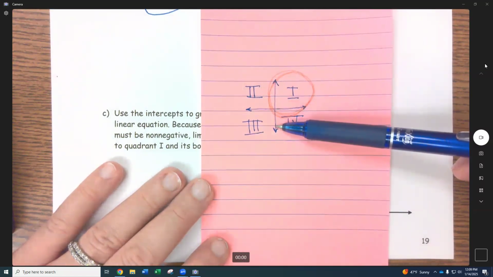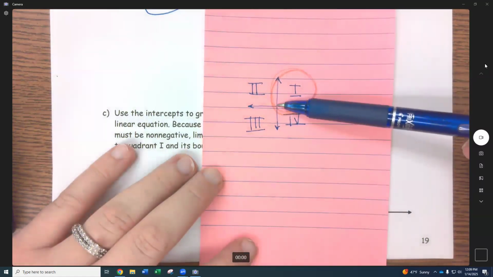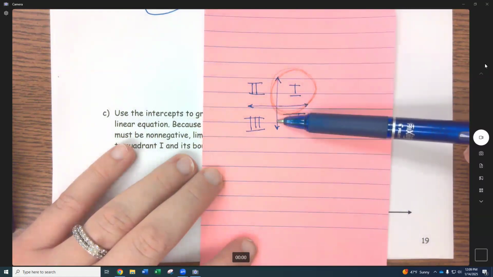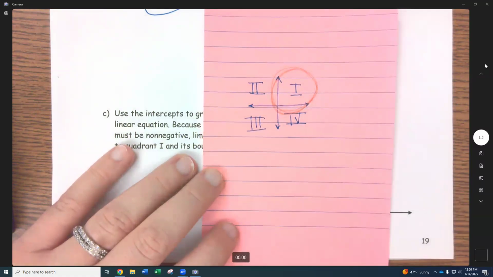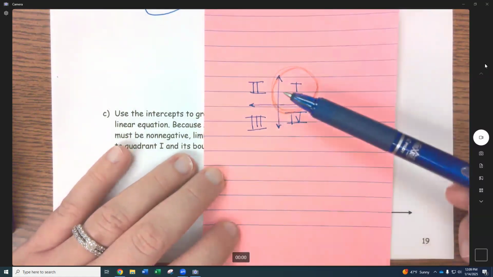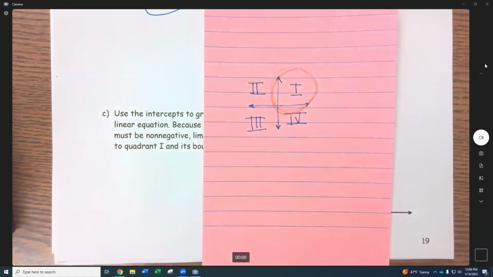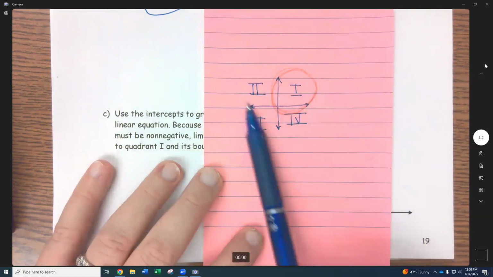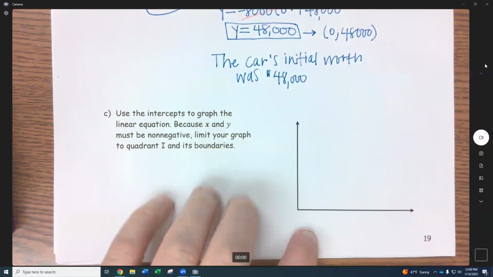So you might say the car is hardly worth anything and it needs a new engine and new brakes, but even if you're putting money into the car, when you sell it to somebody, you're going to at least make $200 off of it or something, right? You're not going to say, I'm going to give you $500 to take this car from me. So we need to limit this to quadrant 1 because my time needs to be positive and my money needs to be positive.